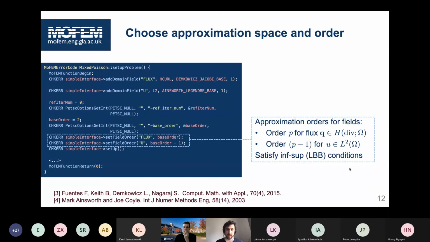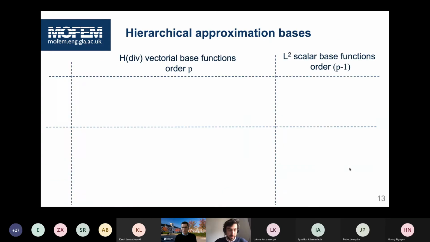Here it manifests in the fact that if we use order P for the fluxes, we need to use the order smaller by one, so like P minus 1 for the field U, which belongs to the space with less regularity, L2. So I want to give just a small overview of how these shape functions look like.